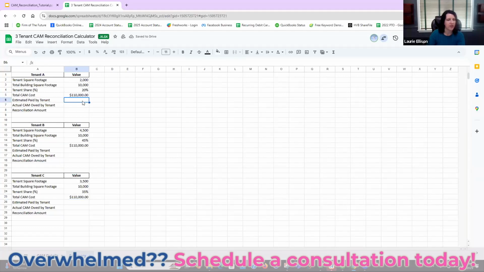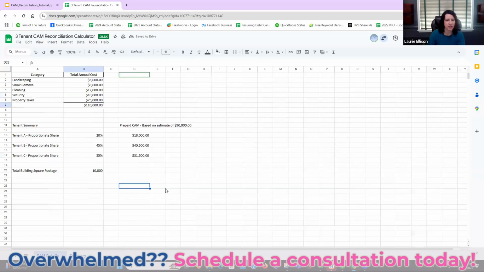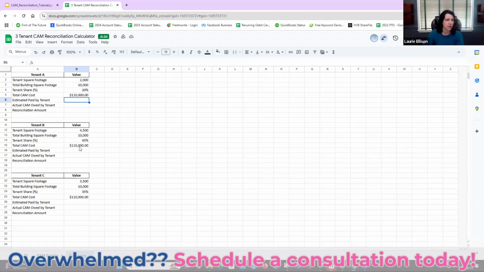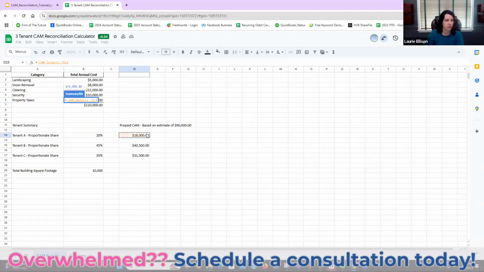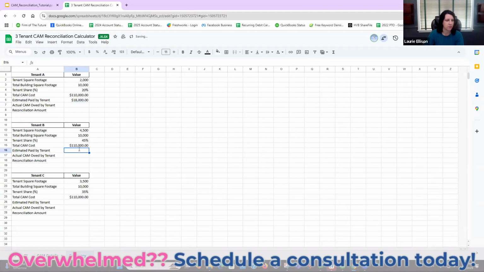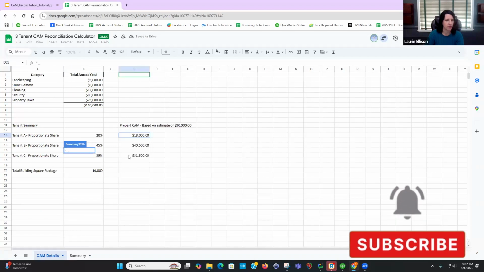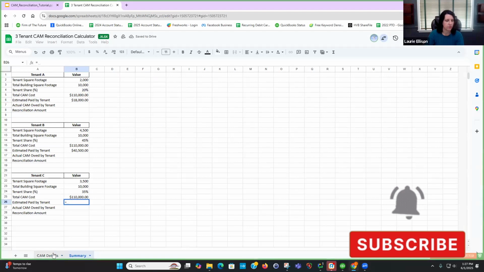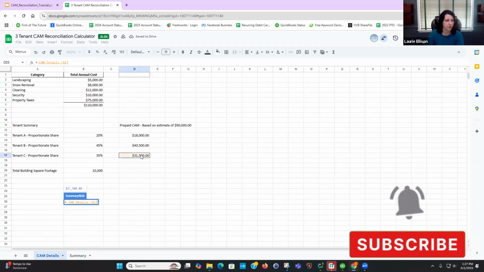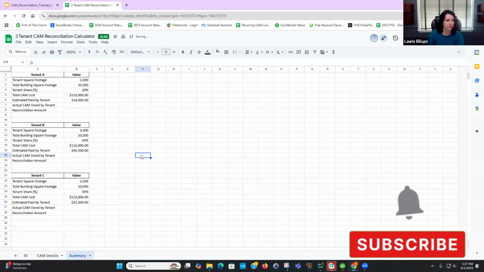Okay, and now we have the estimates. They're on the details page. This is how much they paid for, let's say, 2024. Okay. So here's the estimate.